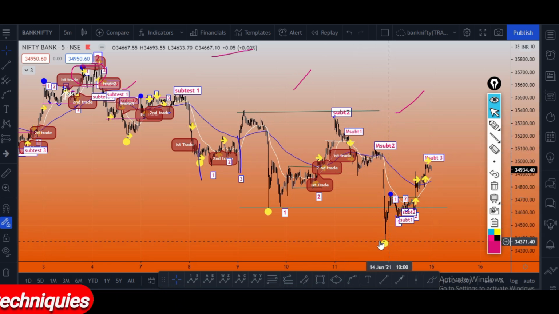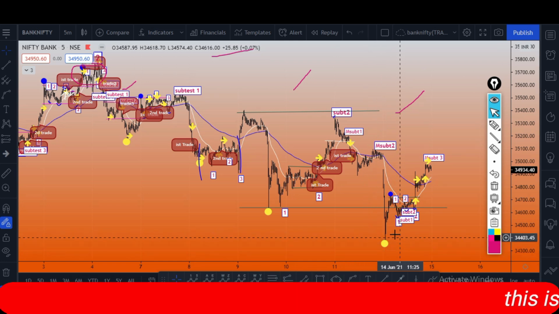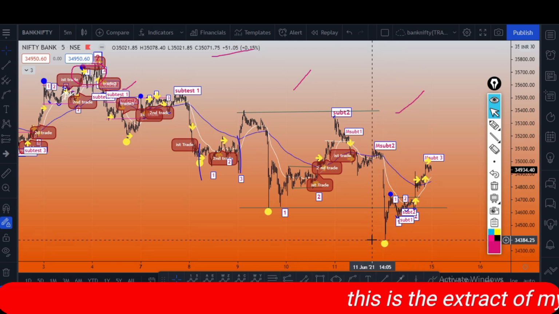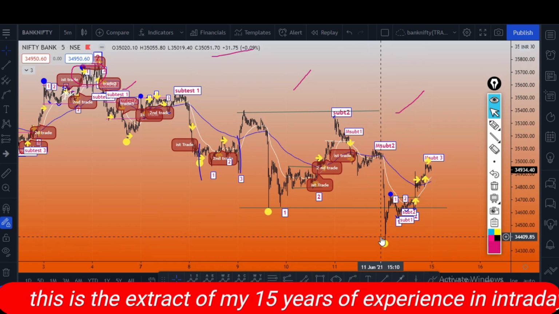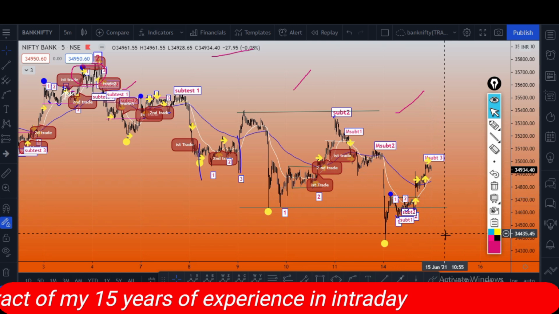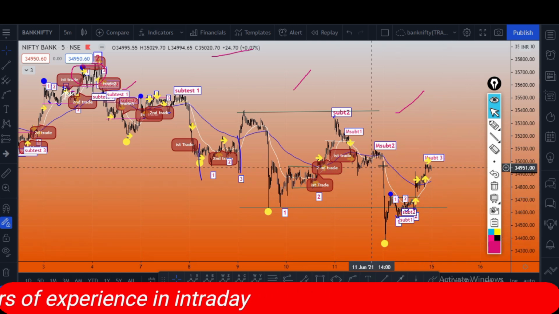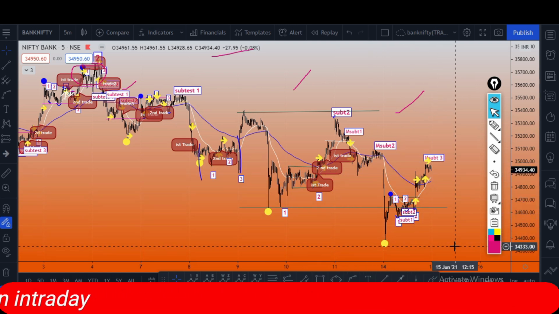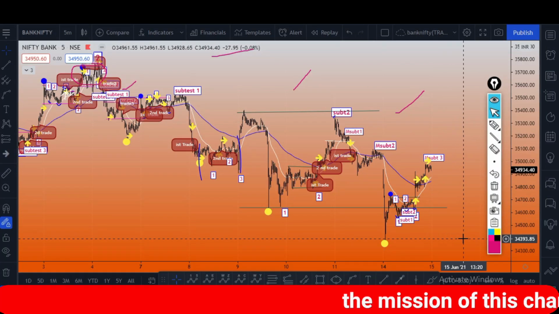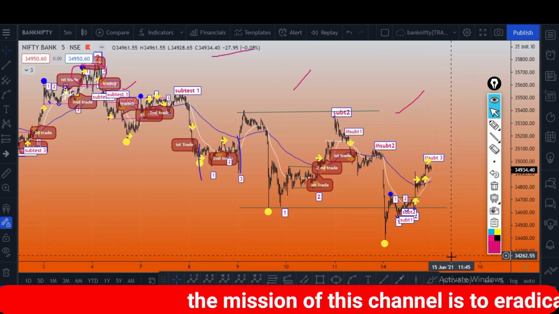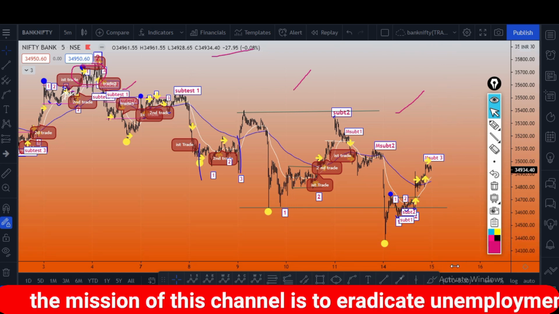And this point is the main point which we have to see whether this cycle completes at this point or this cycle is going into extension. If this cycle is going into extension, it means the price will definitely come to this point again or may cross it towards the downside.